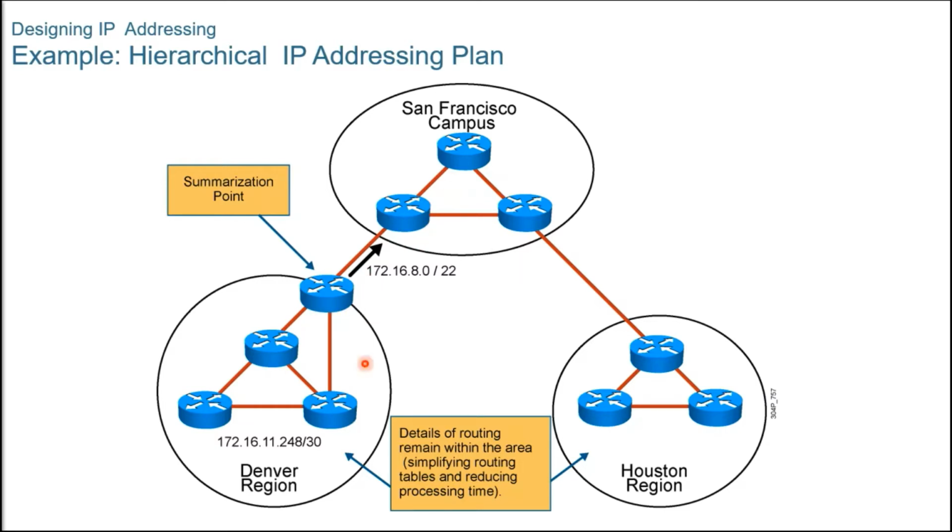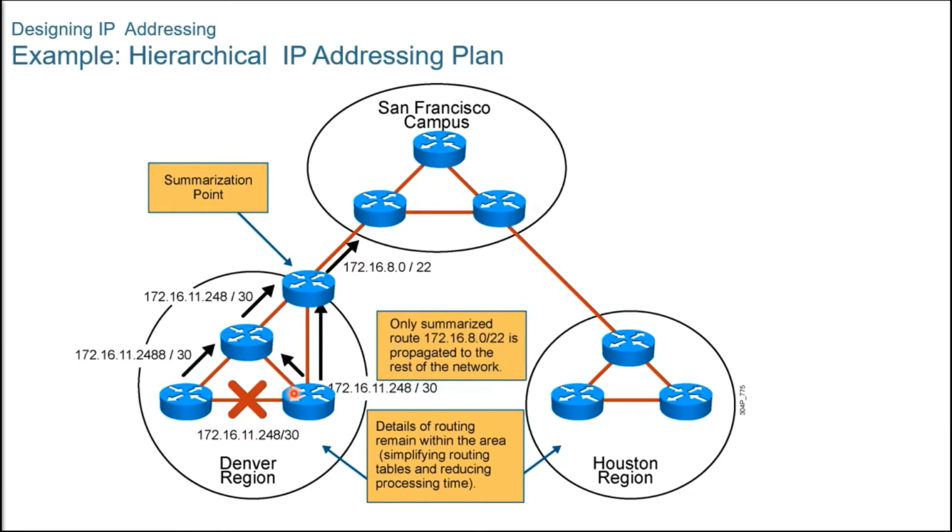Details of routing remain within the area, simplifying routing tables and reducing processing time. If you want to know more about this IP addressing scheme, you can go ahead and check the provided videos, or the supplementary videos.